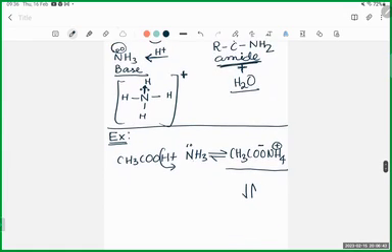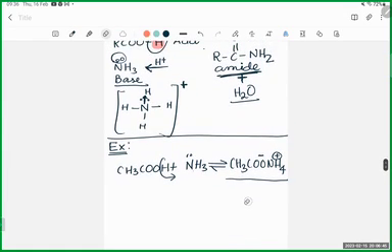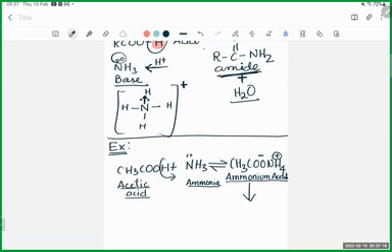And just on heating, what will happen? Will it change into another compound? Yes, it will change into amide. Correct? Yes, ma'am. Vidya, are you getting the concept? So we call this ammonium acetate. And this is acetic acid. Clear?